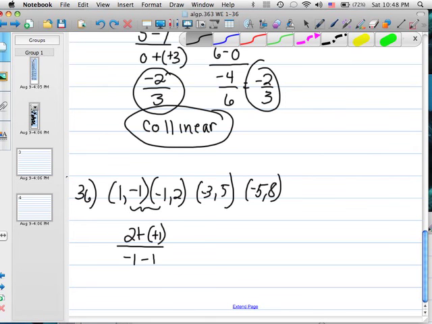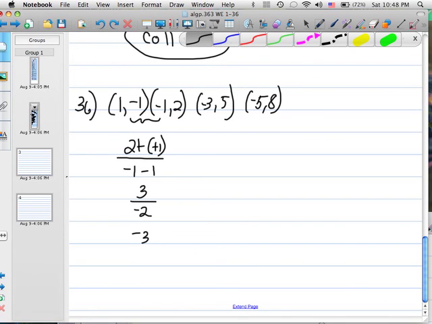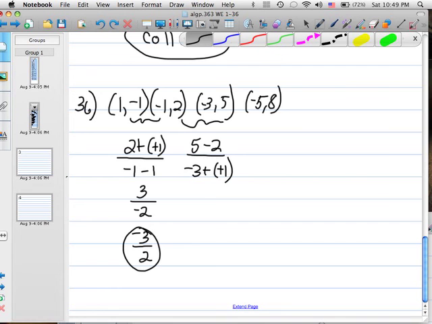So that's going to be 3 over negative 2, which is negative 3/2. The slope here, 5 minus 2 over negative 3 minus a negative 1. Change that to addition. So that's going to come out 3 over negative 2, and that's negative 3/2 also.